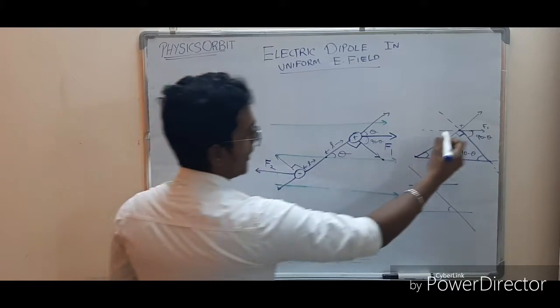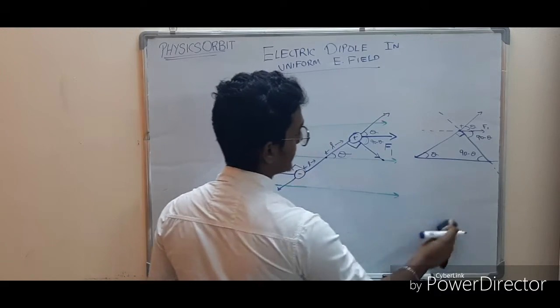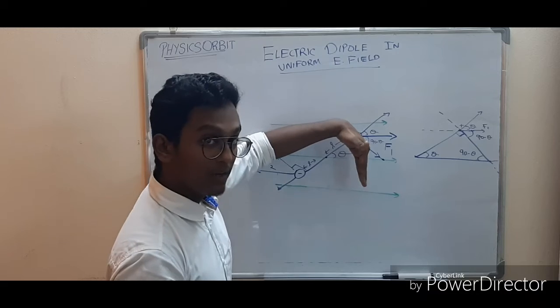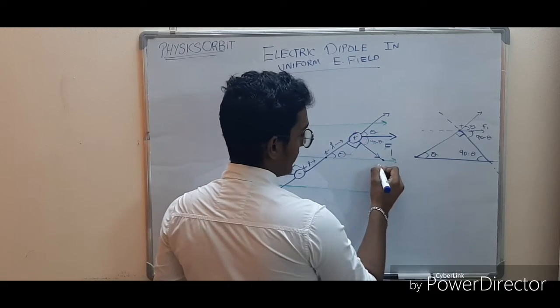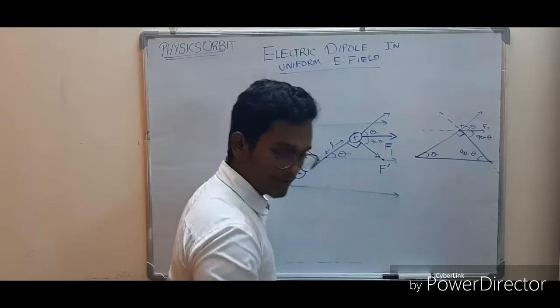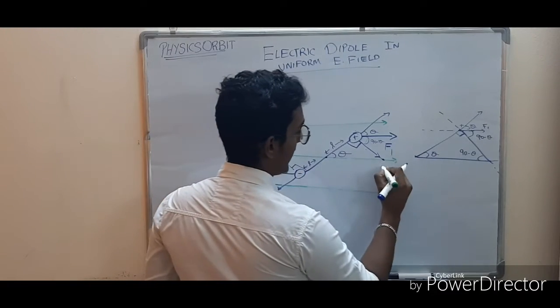So we have all the angles we require now, and let's do the resolution of vectors. F1 has to be resolved along its horizontal component. This vector required is going to be named F dash.